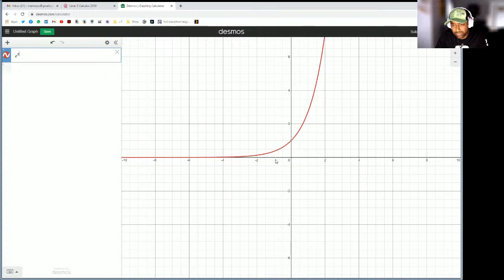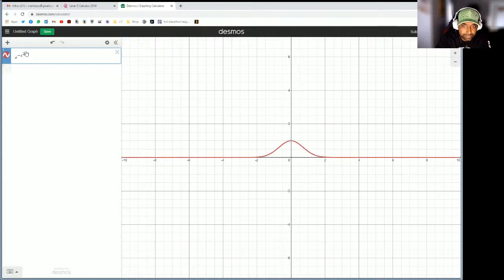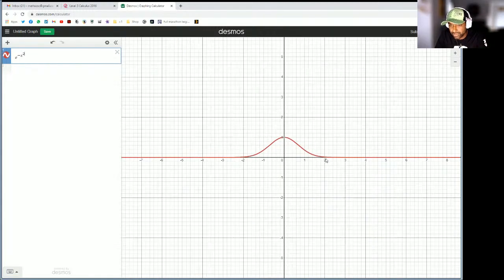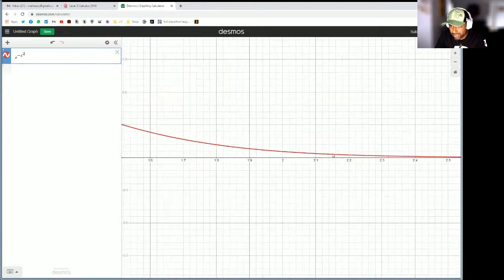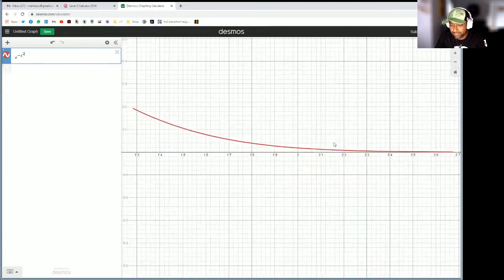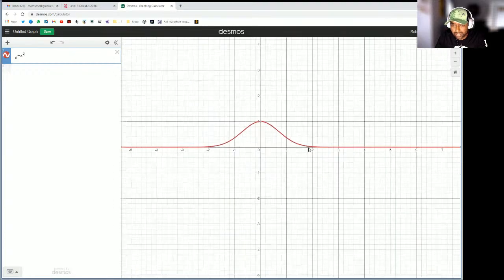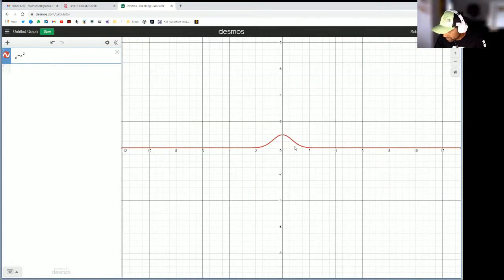Notice how the y value can't actually be 0. So it's just not possible. Even if I put it as e to the power of negative x squared, there's going to be an asymptote at 0. It's never going to touch that value no matter how much I zoom in there. So that's why we say it's not possible.